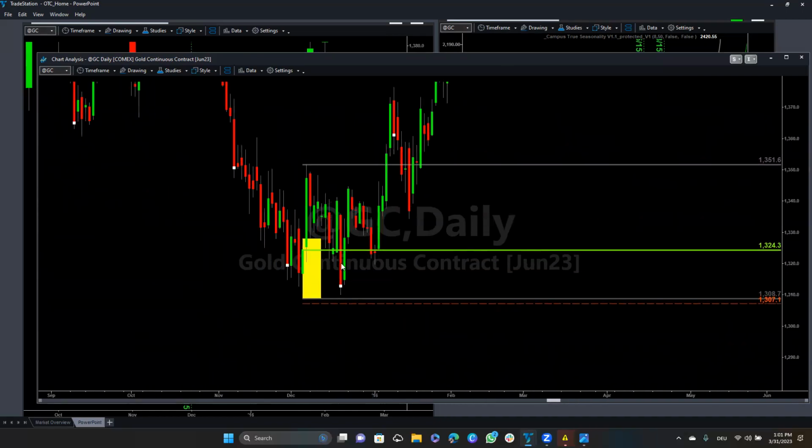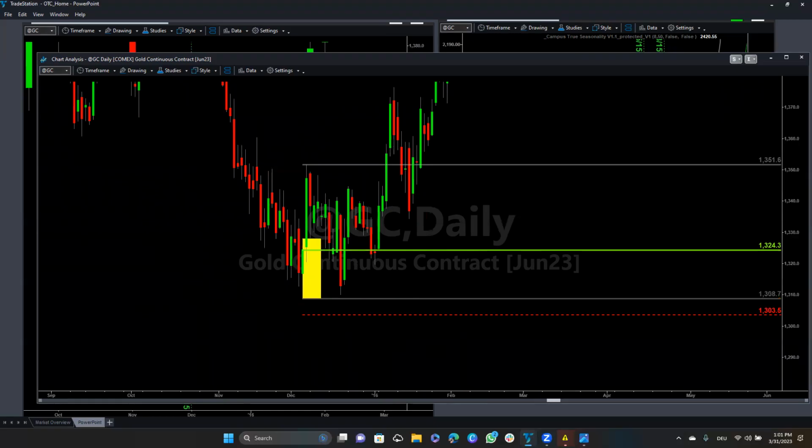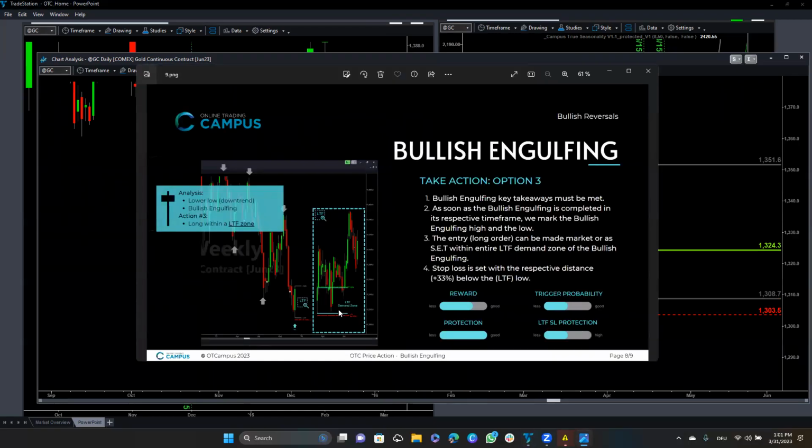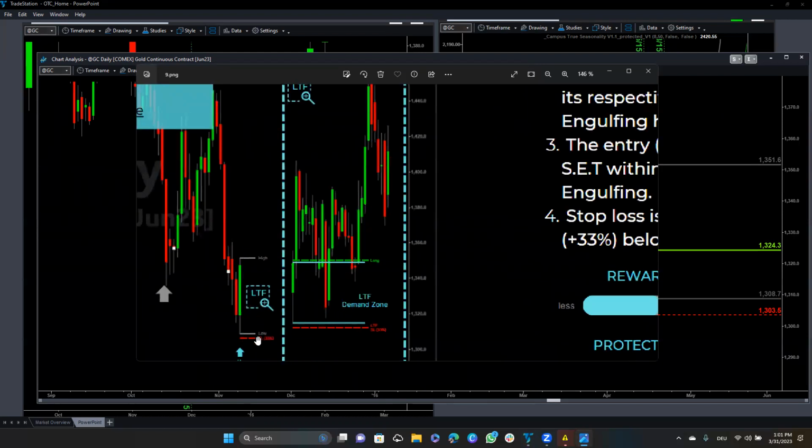And you see here, you increase your profit margin a lot. It is less than 50%. Let me change this to 33% from here, because you can use a stop loss below the lower time frame demand zone, or a stop loss below the weekly.